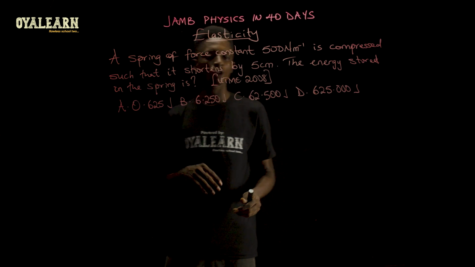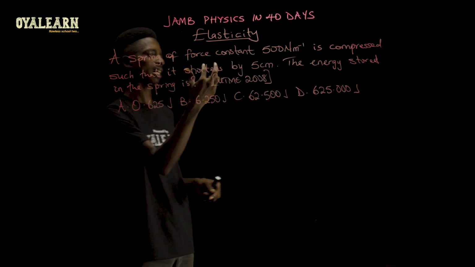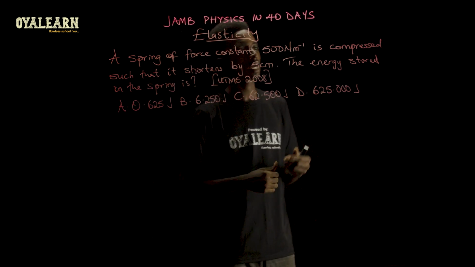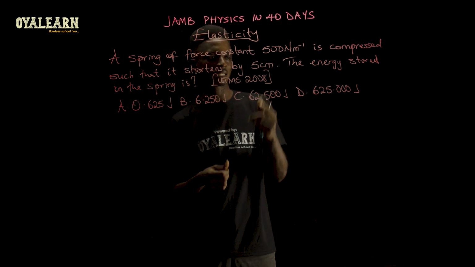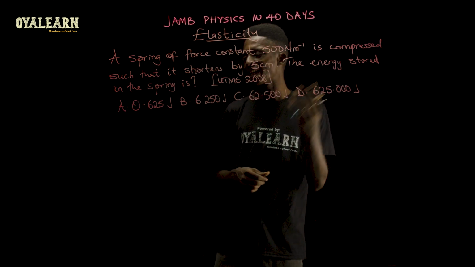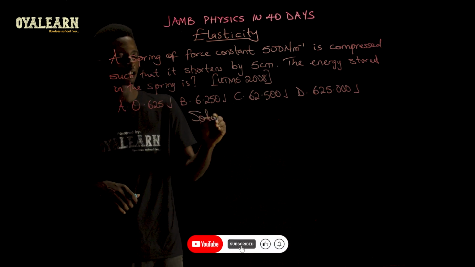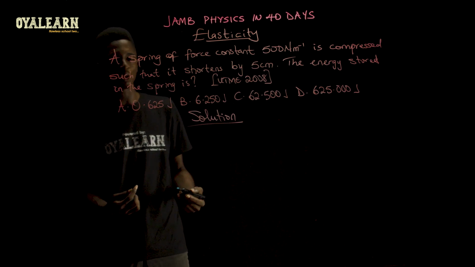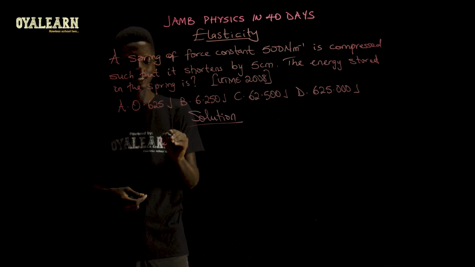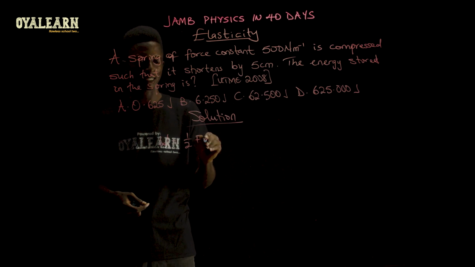Now, in this question from the 2008 UTME, we're told that a spring of force constant 500 newton per meter is compressed such that it shortens by 5 centimeters. So we have to find the energy stored in the spring. Earlier in this video, I did mention that when you're finding energy, we can apply the same equation as that of work done, which is the average of force times extension.